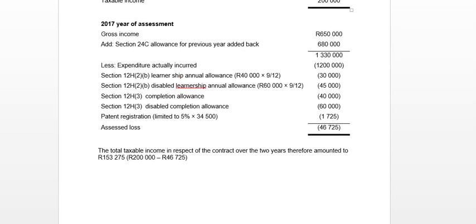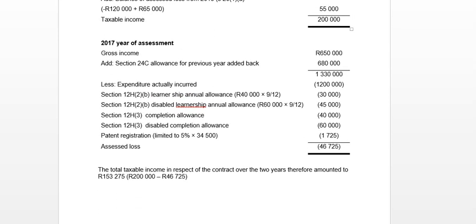So let's look at the 2017 year of assessment. Your gross income is 650,000 Rand, which we received on the 13th of December. Now we can add back the section 24C allowance for the previous year of 650,000 Rand. So our gross income is then 1.33 million Rand during the 2017 year of assessment. Our expenditure actually incurred was 1.2 million Rand.